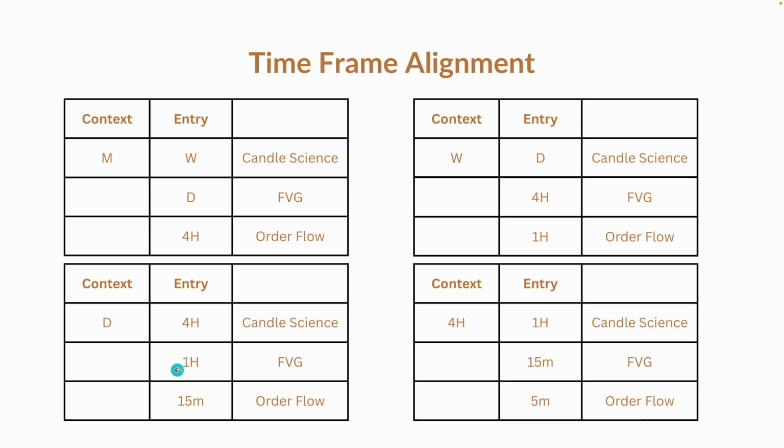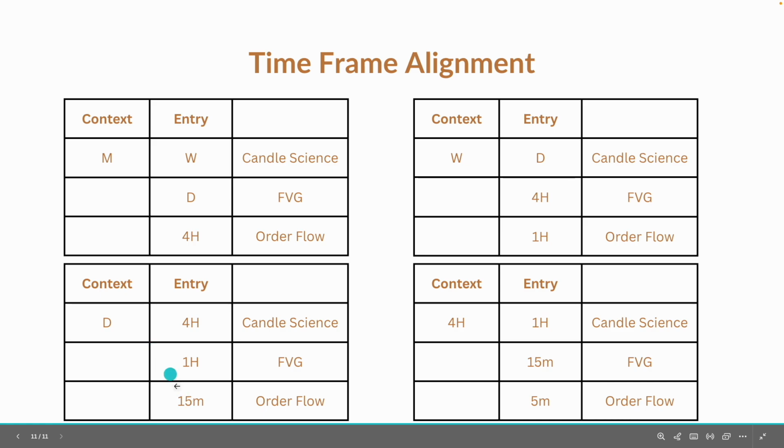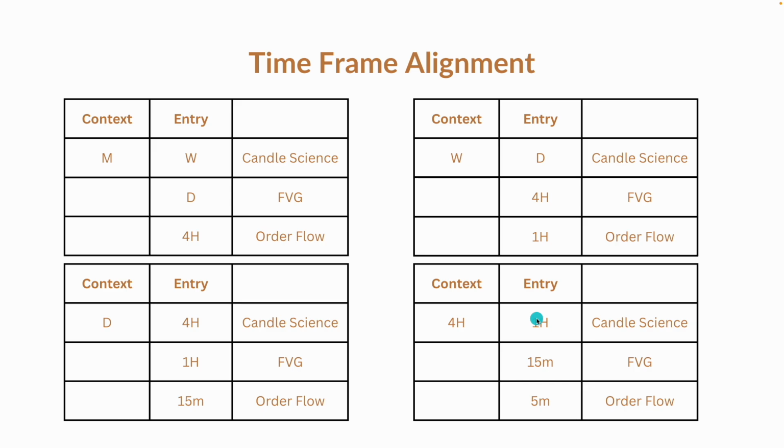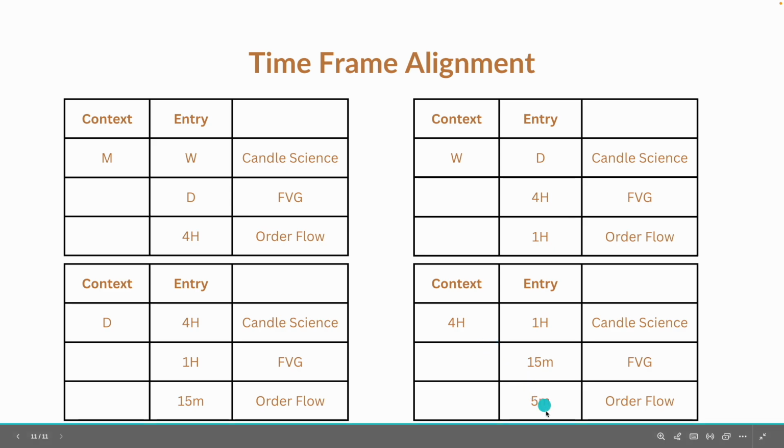If entry is 2 time frames lower, on 1 hour, then it will be a fair value gap. If it is 3 time frames below, at 15 minutes, then it will be order flow. Similarly, for 4-hour context, entry on 1 hour is candle size, entry on 15 minutes is fair value gap, and entry on 5 minutes is order flow.